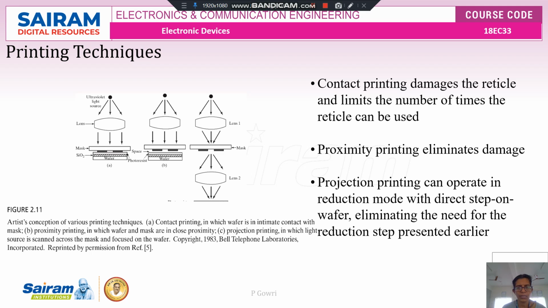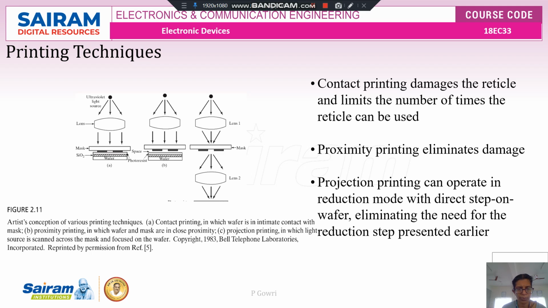Now, the next one is the printing technique. Printing is where the pattern gets transferred. Depending upon the position of the mask, there are three types: contact printing, proximity printing, and projection printing.